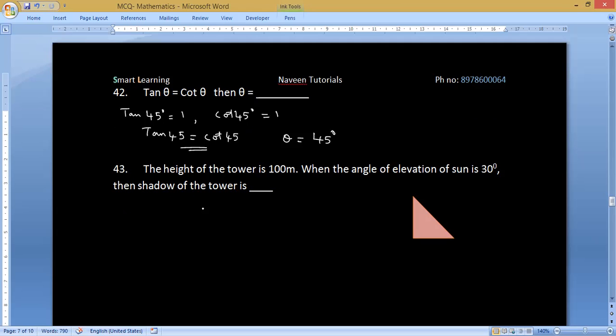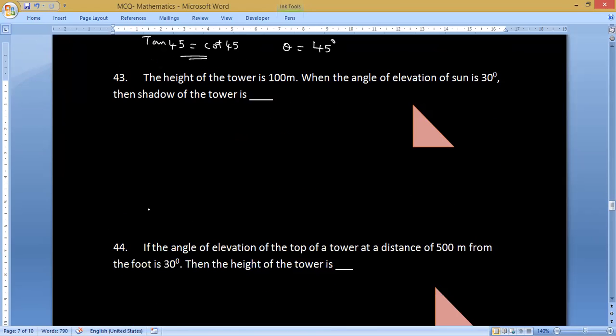So let's see one more question. The height of the tower is 100 meters when the angle of elevation is 30 degrees. Find the shadow of the tower. So this is the height. Let's assume A, B and C. So AB is the height of the tower, 100 meters.